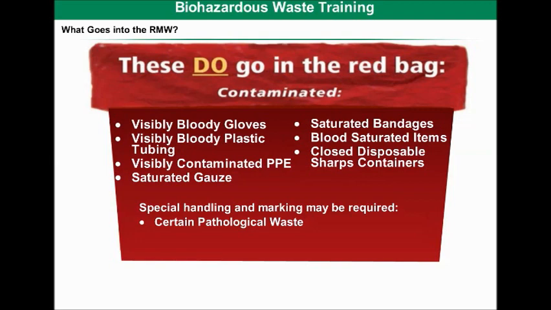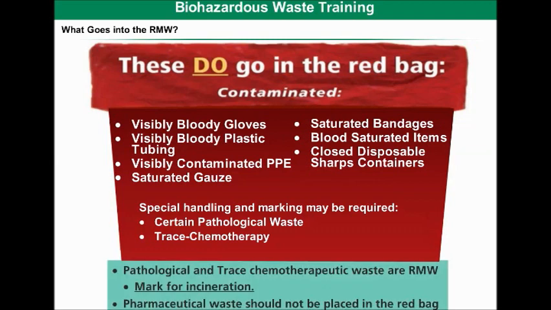Many facilities choose to go beyond these strict minimum requirements, however, and consider all items contaminated with any blood or OPIM whatsoever as being regulated medical waste. Two other forms of regulated medical waste are pathological waste and trace chemotherapeutic waste. But these types of regulated medical waste are segregated and marked for incineration.